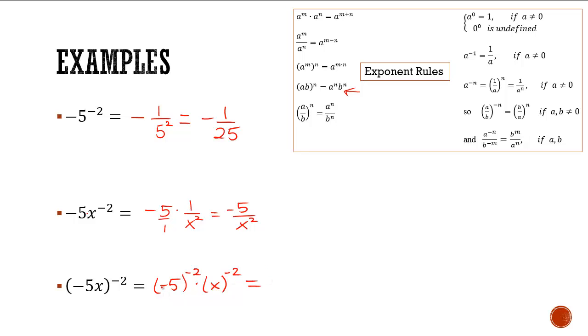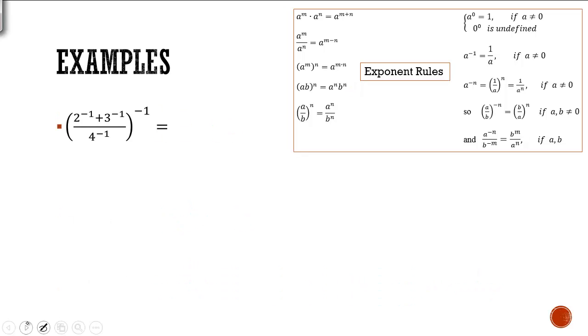So let's first get rid of this negative exponent here, which will be 1 over, and keep it in brackets, -5 squared times 1 over x squared. So that'll be 1 over 25 times 1 over x squared, which is 1 over 25 x squared.